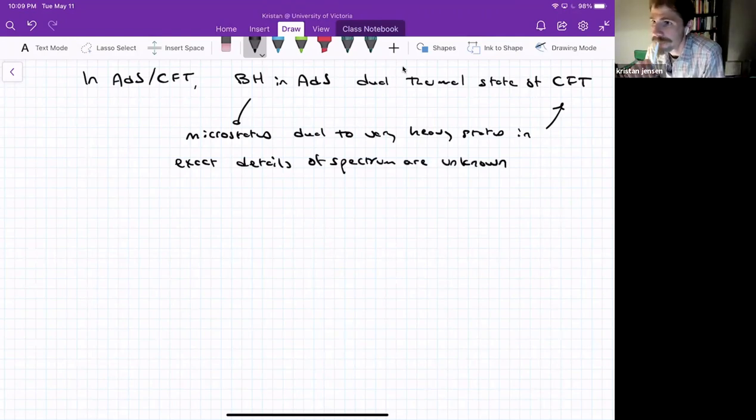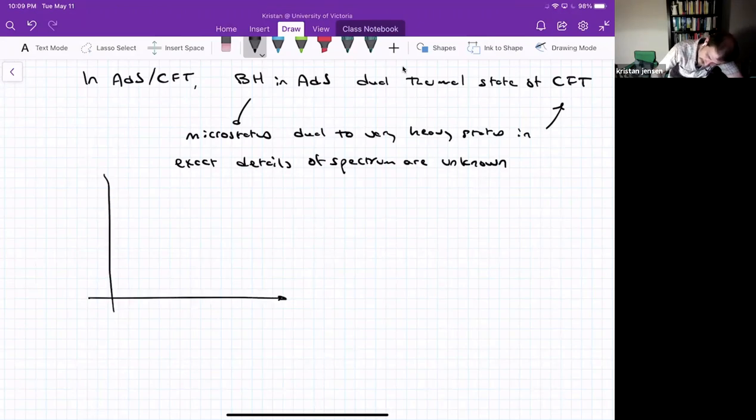But what we have is, from Einstein gravity, or the supergravity regime, if we're talking about something like AdS 5 times S5, black hole thermodynamics again, and that gives us a coarse-grained approximation to the density of states. And the picture that you end up with is something like this, say for n equals 4, AdS 5 times S5.